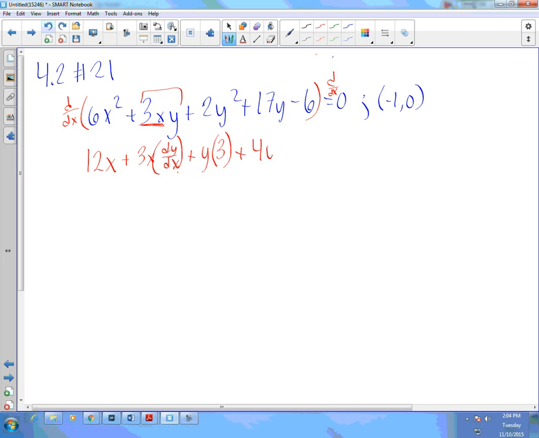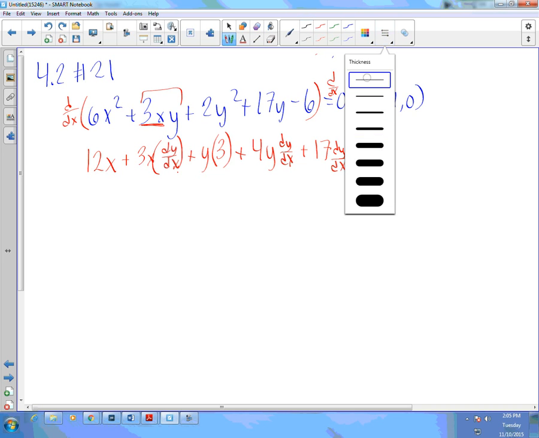Plus 4y, and what do you have to put after y if we take the derivative? dy dx. Plus 17 dy dx. The derivative of 6 is 0, equals 0.